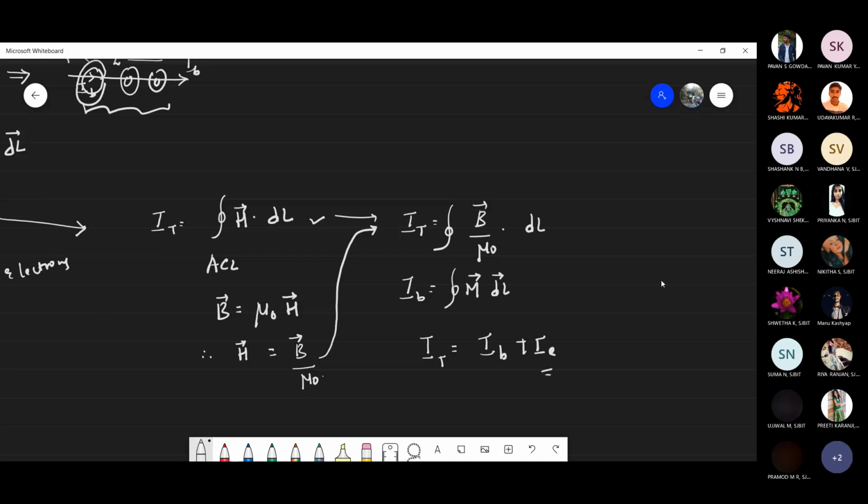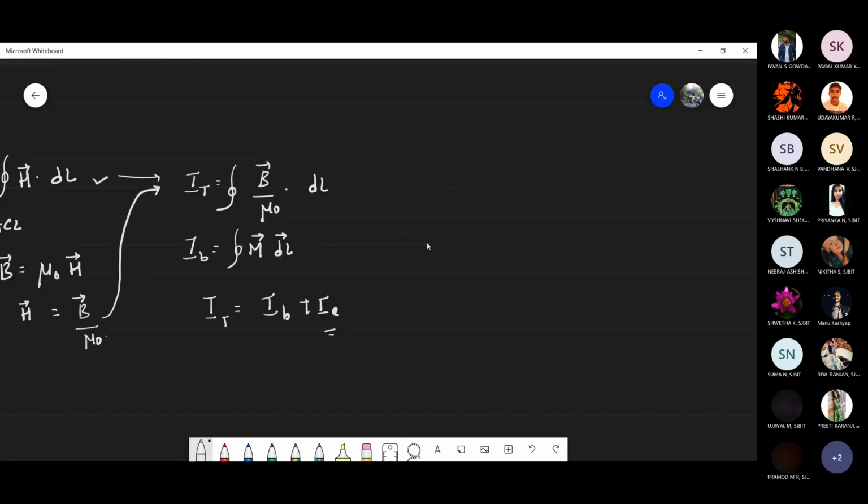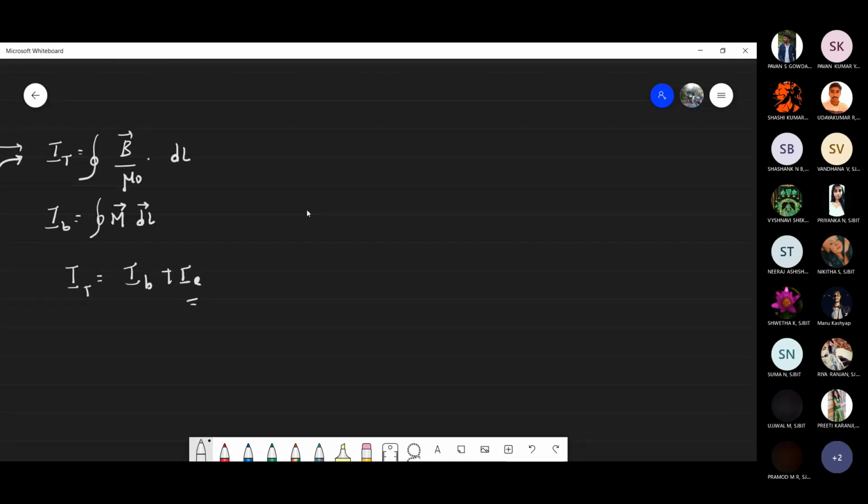So can I calculate free current knowing IB and IT? So what will be the equation for free current? Free current IE is equal to IT minus IB. Guys, I hope you are following this. So what is free current then? Free current I can calculate using the equation IT minus IB.